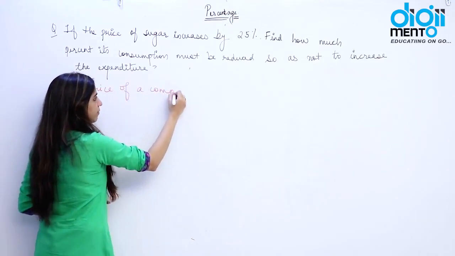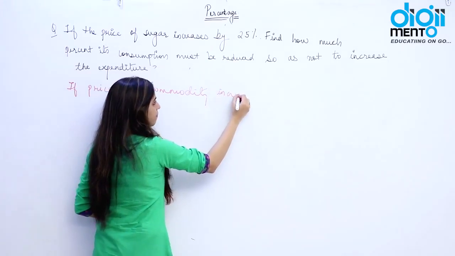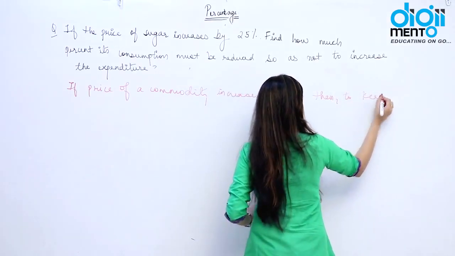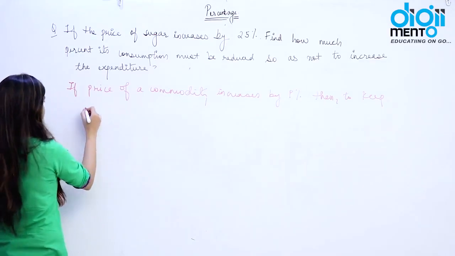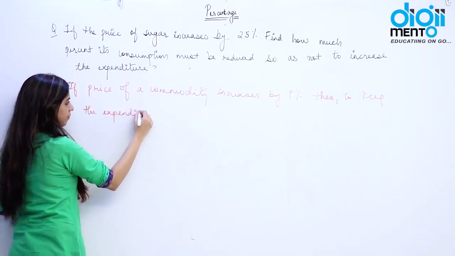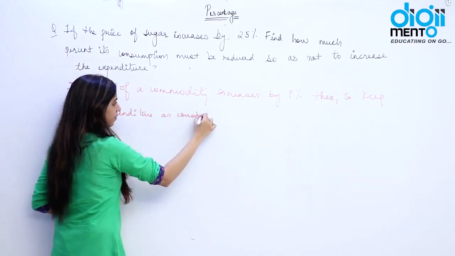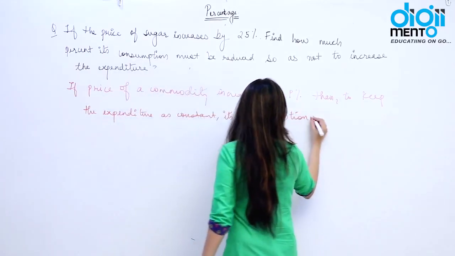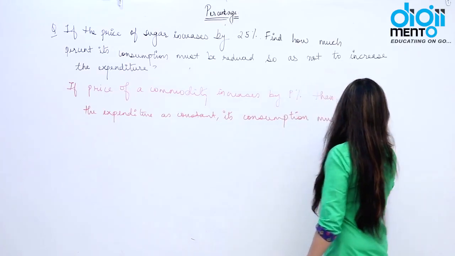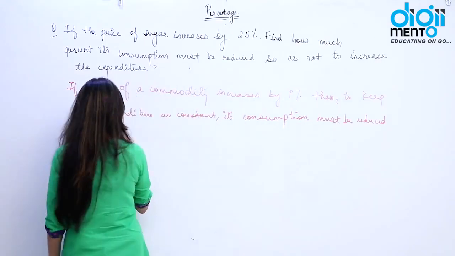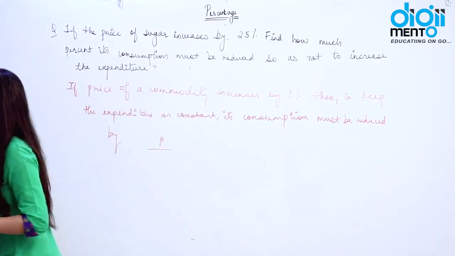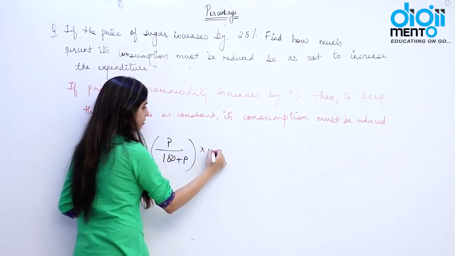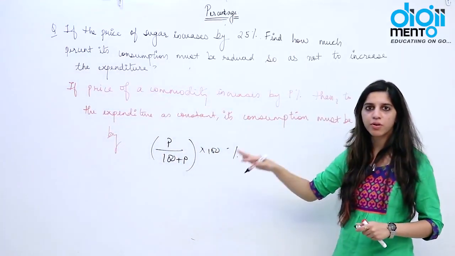If the price of a commodity increases by P percent, then to keep the expenditure as constant, its consumption must be reduced by P upon 100 plus P into 100%. If you just put the values in this formula also, you are going to get the same answer.